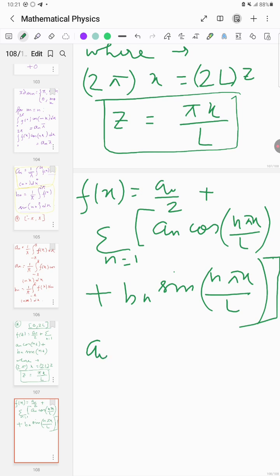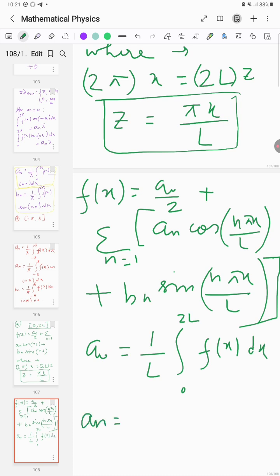So this will affect our a naught, a n and b n in the following way. A naught will change into 1 by L, 1 by pi it was earlier. So 1 by pi will change to 1 by L, integral 0 to 2L, f of x dx. That's it.